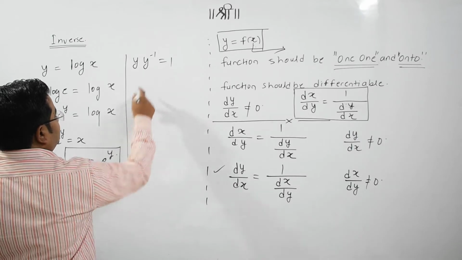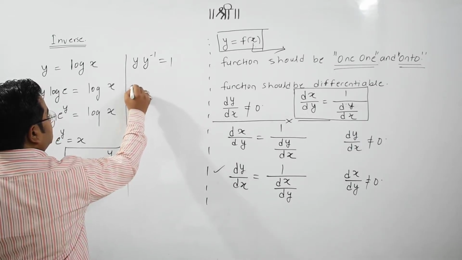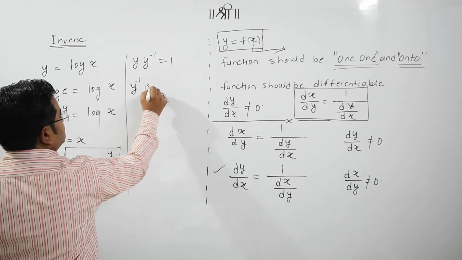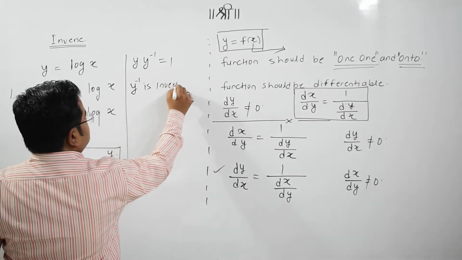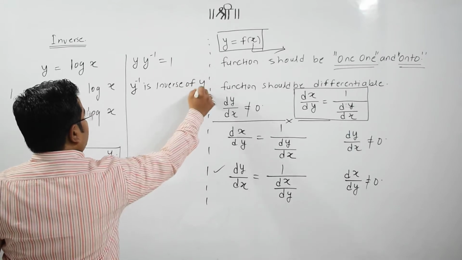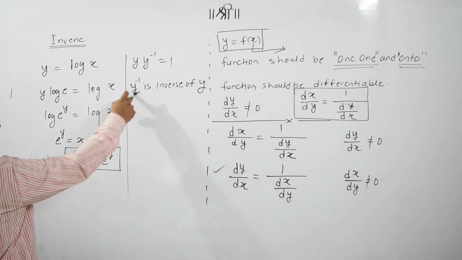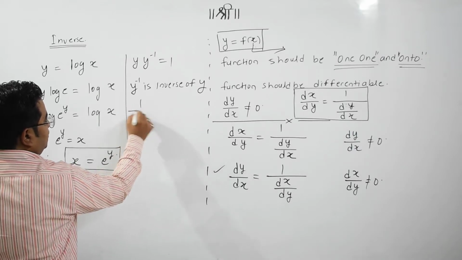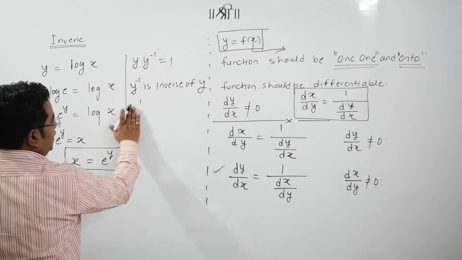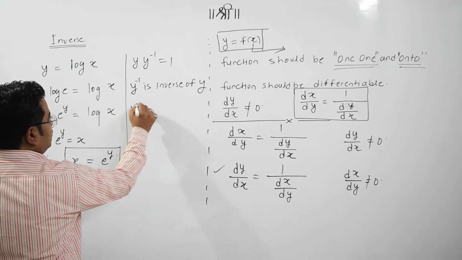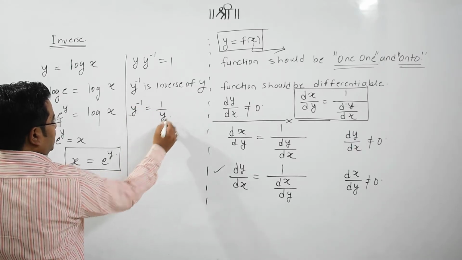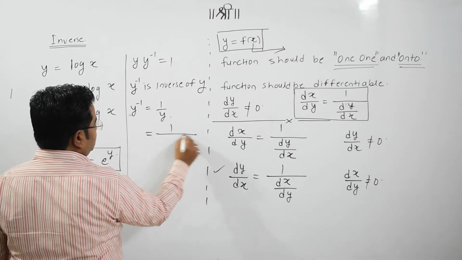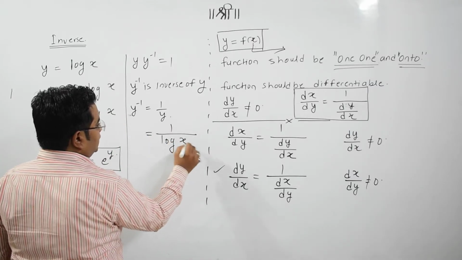If you are finding the inverse, this equation says that y raised to minus 1 is the inverse of y. But it doesn't mean that y raised to minus 1 is nothing but 1 upon y. So again, next step, what is y? Most of the students are doing this stupidity, that log of x.